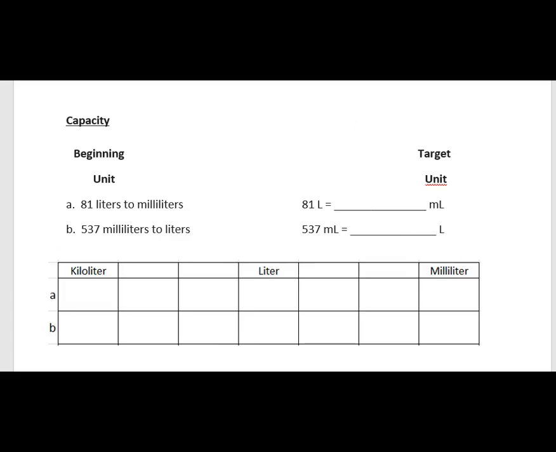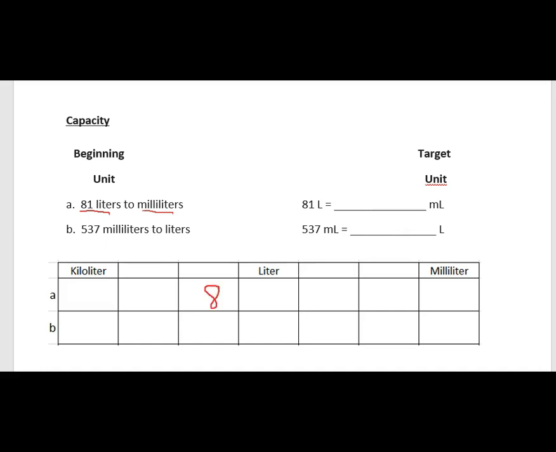In the next section, we're working with capacity. And so we have kiloliters, liters, and milliliters. We're going to follow the same 3-step process. The first problem says we want to convert 81 liters to milliliters. So I'm going to write the number 81 so that the 1, my ones digit, is in the liters column.